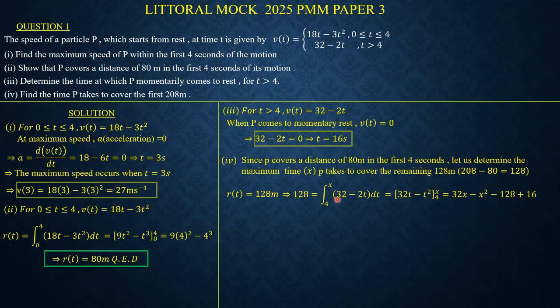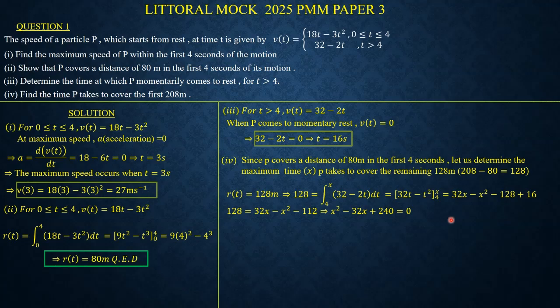If you integrate 32 minus 2t, we get 32t minus t squared, with the bounds of integration from 4 to x. Further simplifying, upper bound minus lower bound gives 32x minus x squared, minus, putting in 4, 32 times 4, which gives 128, then minus 16, which gives plus 16.